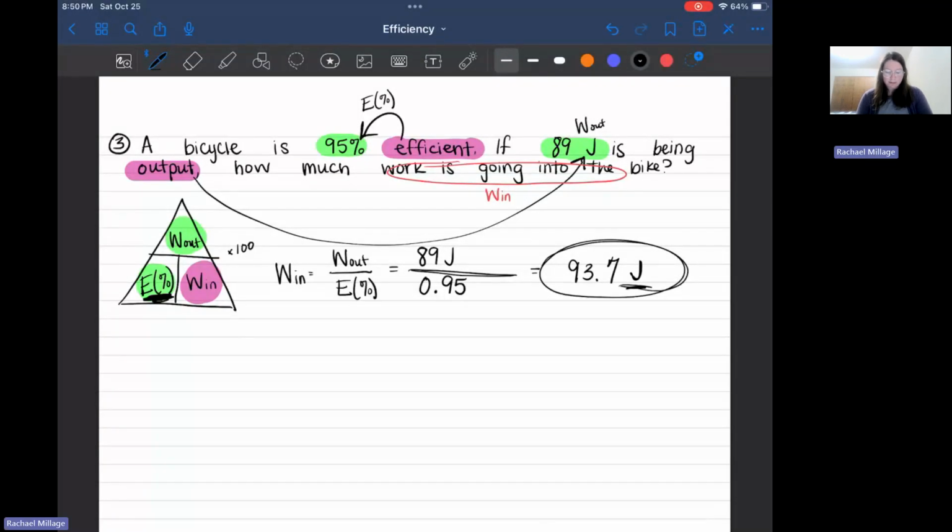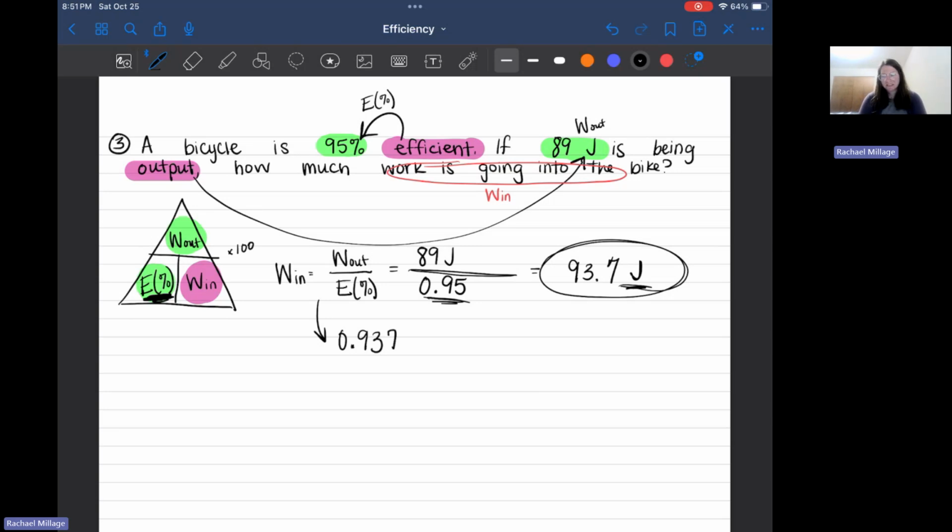If we didn't divide by 100 for this 0.95 right here, we would have gotten an answer of 0.937, right? We could have looked at that and said, whoa, hold the phone. Our work in is always going to be bigger than our work out.